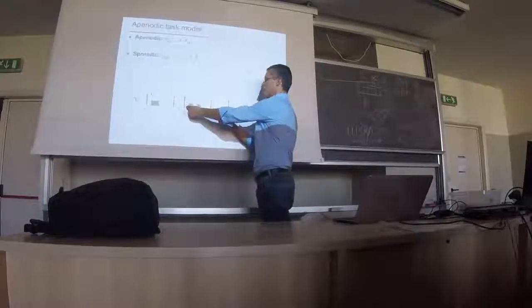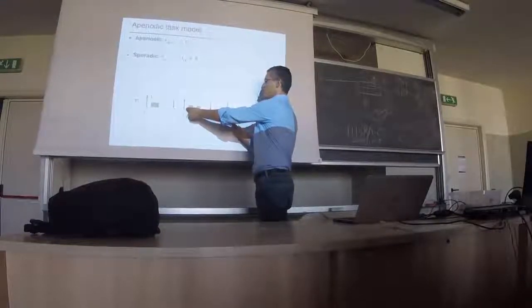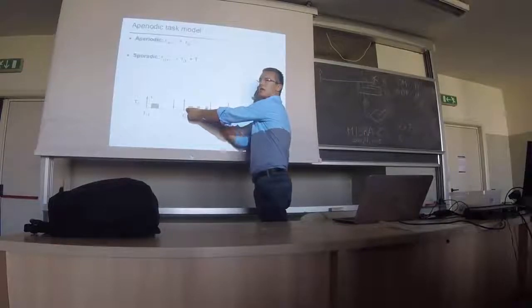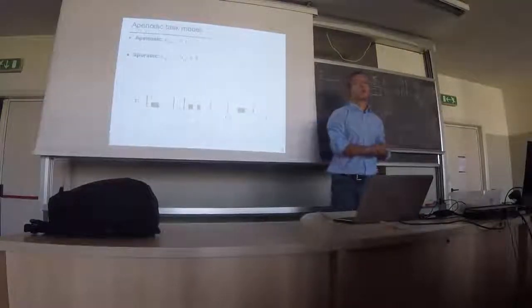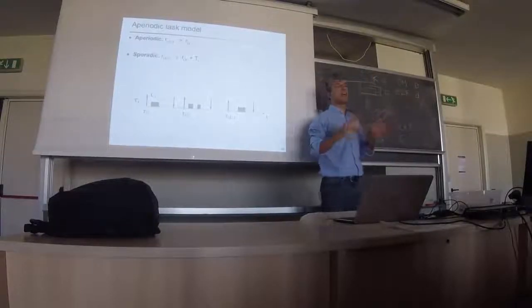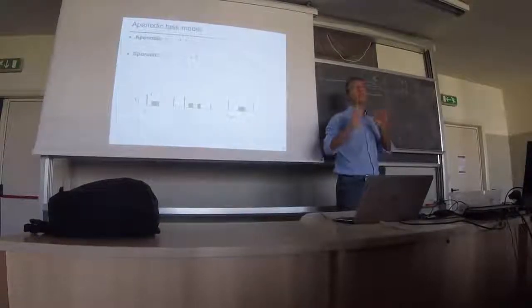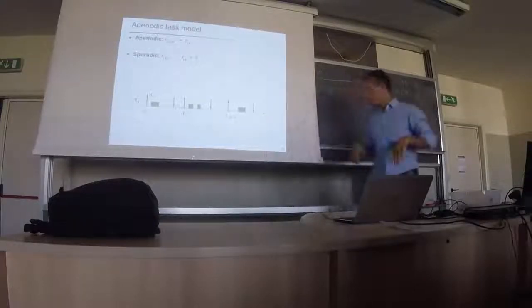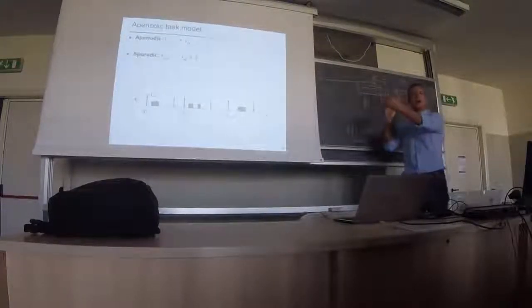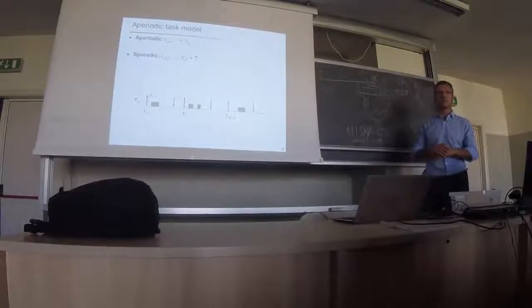The next one may be even later than that, but it could never be earlier than that, okay? So this is a sporadic task model, okay? So Ti is not exactly the period, but it is the minimum inter-arrival time, okay? I allow my task to arrive at least Ti later than the previous instance. Did I make my point? Okay.